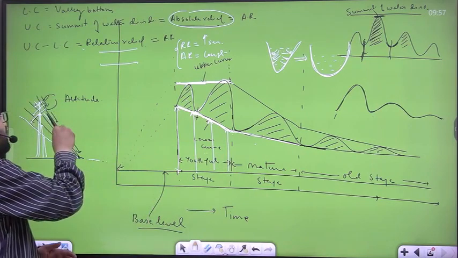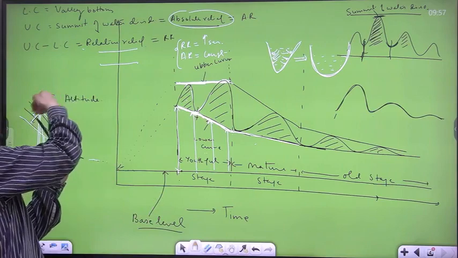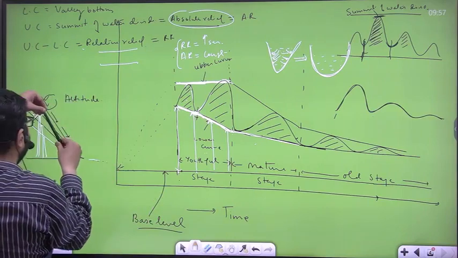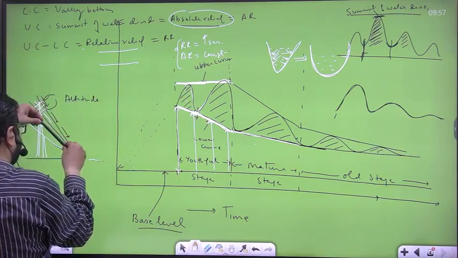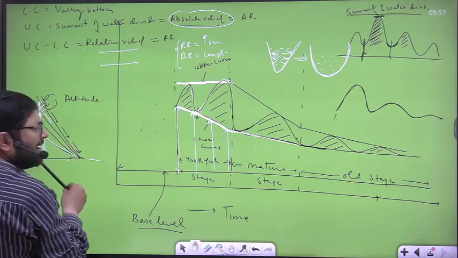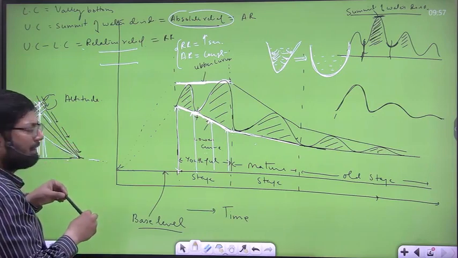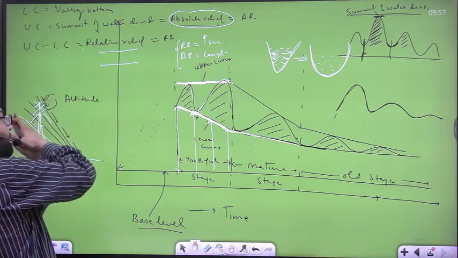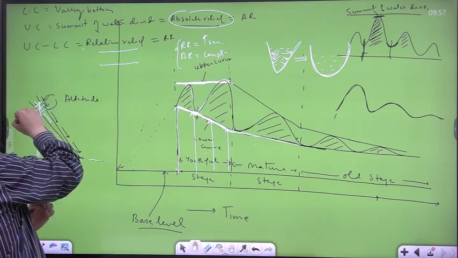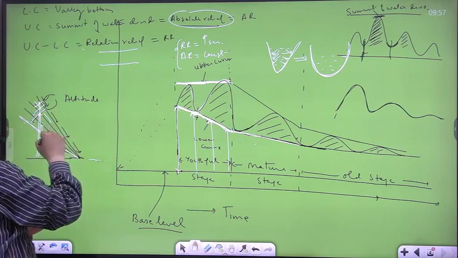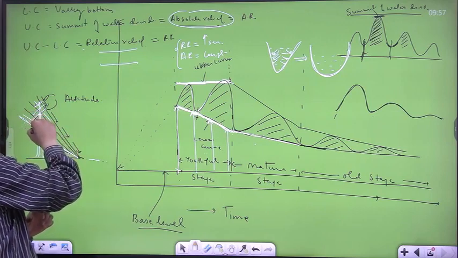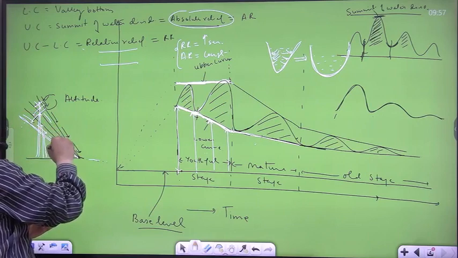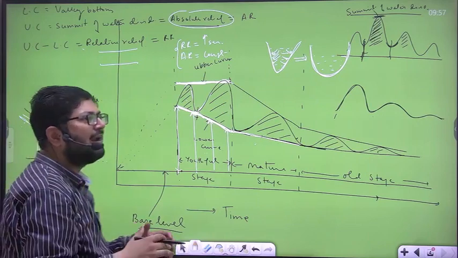In youthful stage, it was very steep. Since river was resorting to valley deepening, what was happening? The slope over which the river was flowing was continuously declining. As a result, river valley becomes deep, but the steepness of channel gradient significantly declines. As a result, the velocity and the kinetic energy of the river declines.